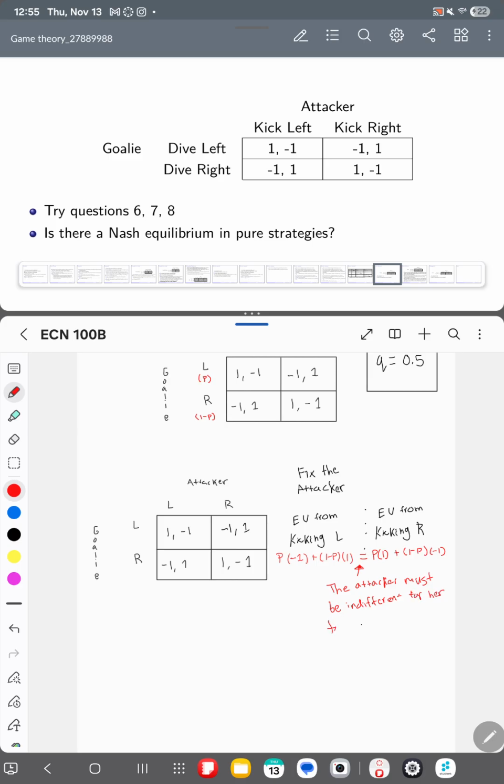And this indifference means that the expected payoffs from the actions must be equal. That's why we have equated the payoffs. And then it's just an equation with one variable, which is P, and we can solve for it. And if you solve for it, I'll tell you what you're going to get. You can try solving it on your own, but it's really very easy. This is going to give you 0.5.